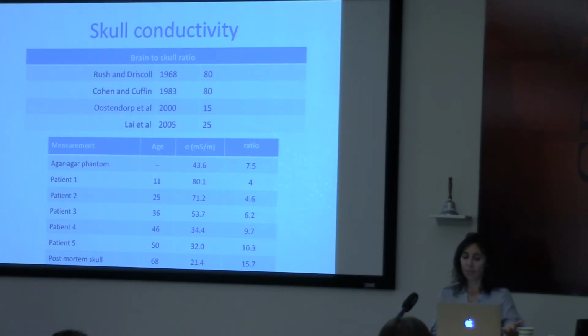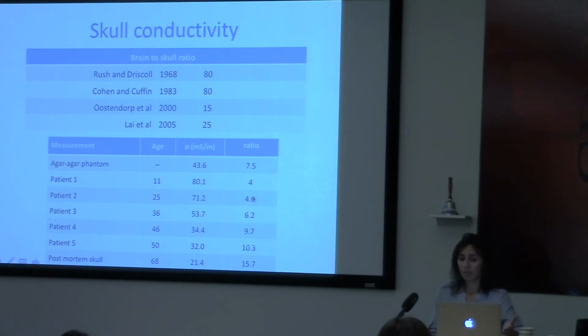And then in 2005, for adults, the brain to skull conductivity ratio was stated as 15, 20, 25. And there's even a study, this one, that would say 5 for an adult. So for children, it changes even more.